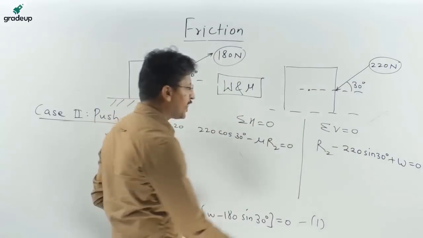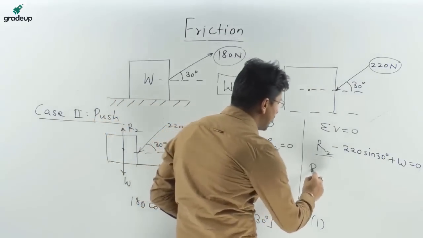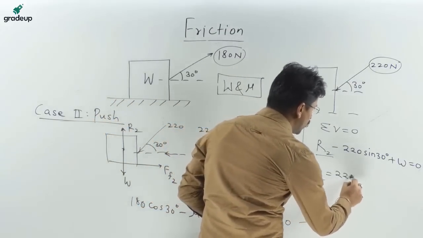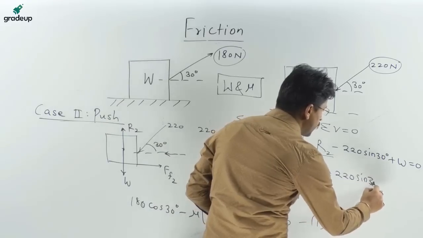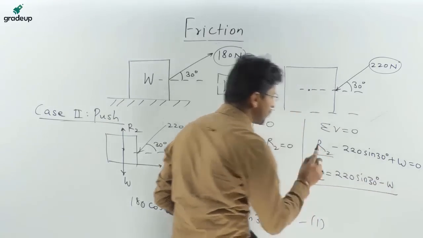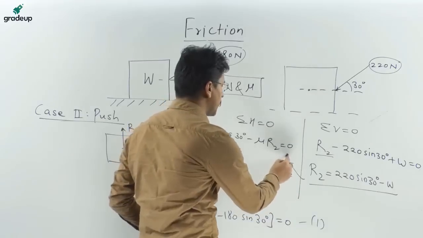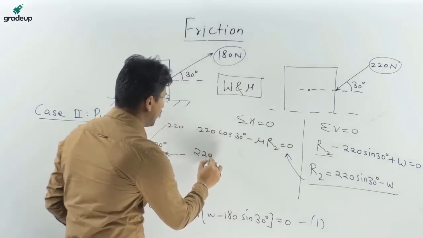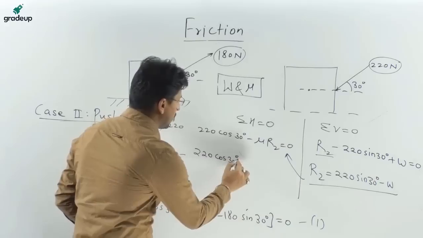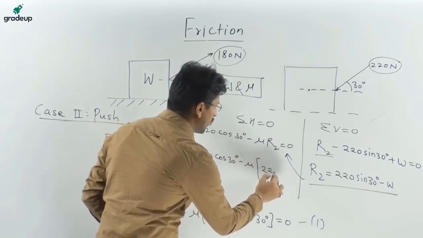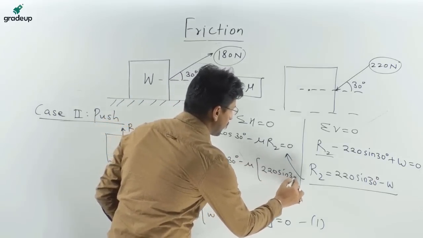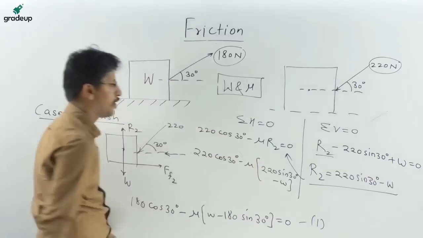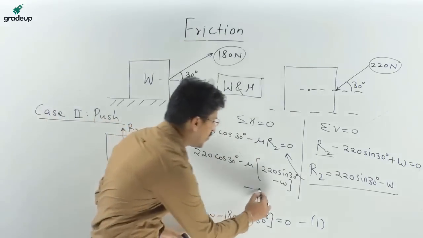So from here we can find out the value of R2 as R2 equal to 220 sine 30 minus W. Just substitute it here. You will get 220 cos 30 degree minus mu times of 220 sine 30 minus W. So this is equation number 2.